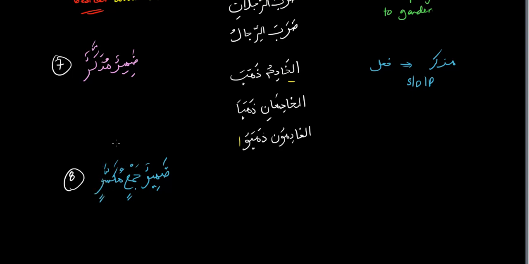Okay, jamil jam'u mukassarin. For example, ar-rijalu khamat. الرجال خامت.